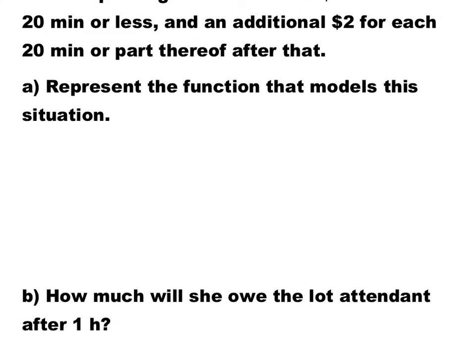Let's define C to be the cost function, which is based on the time. Then our cost function is going to return $3 if the time is less than or equal to 20 minutes.